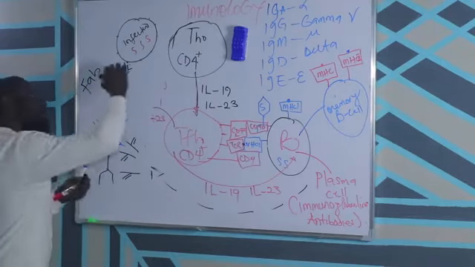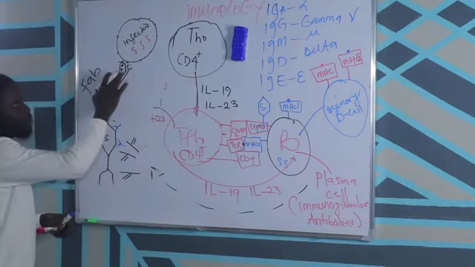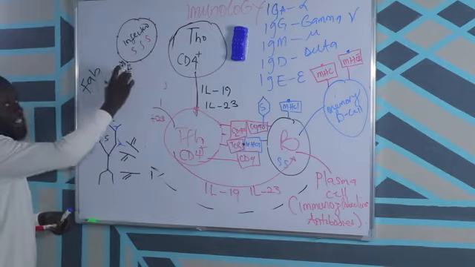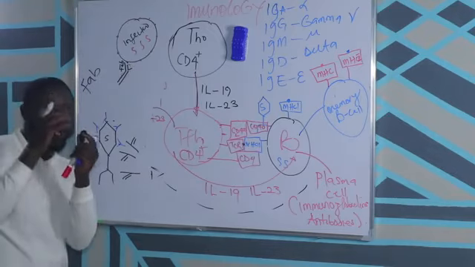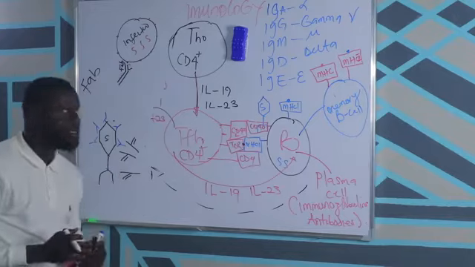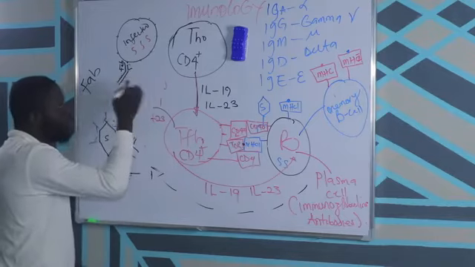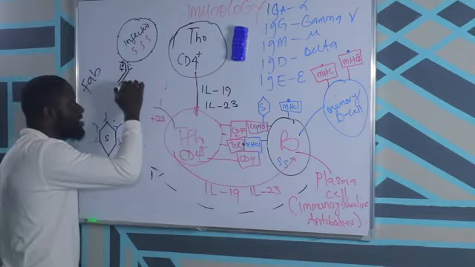This is the particular position on the antibody that binds to the antigen. Then on the immunoglobulin, or antibody, we also have the FC region.